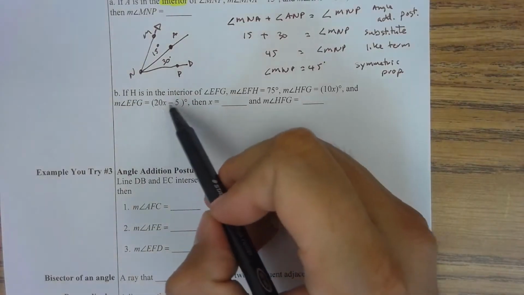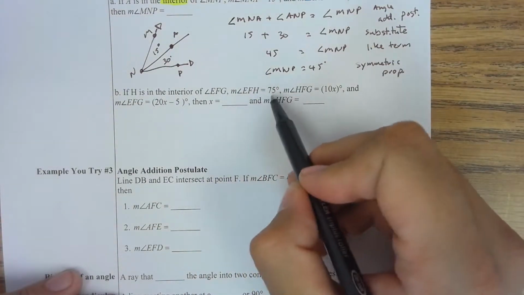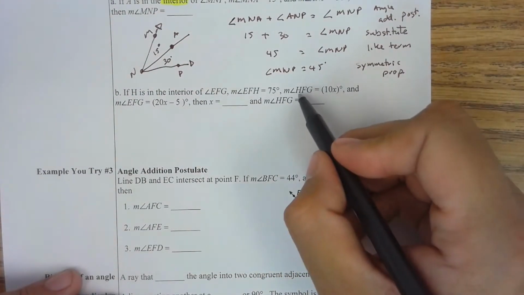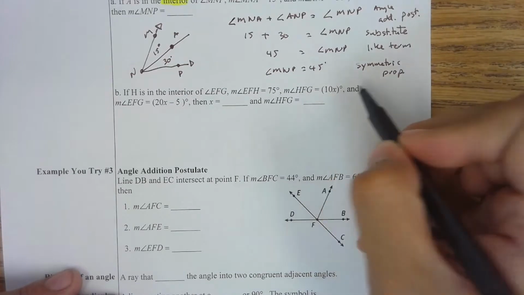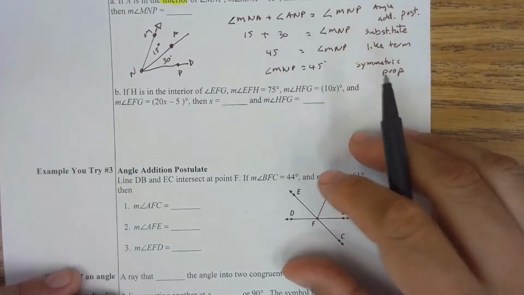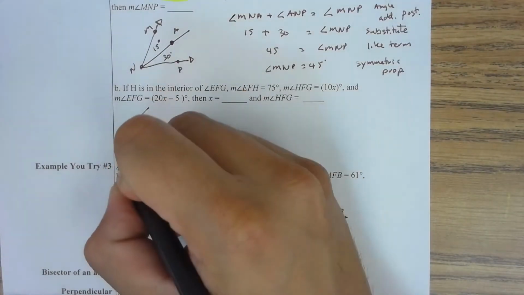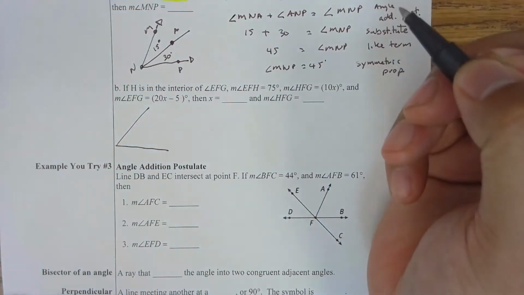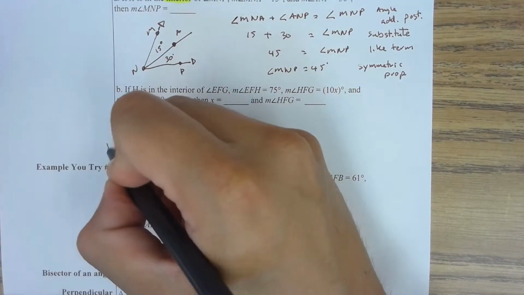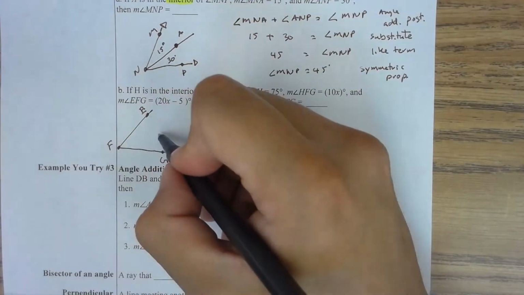So, if H is in the interior of angle EFG, and it's given that EFH is 75, angle HFG is 10x, and angle EFG is 20x minus 5. Ooh, that's a lot. Again, let's just draw the picture out. So EFG, and H is inside somewhere.